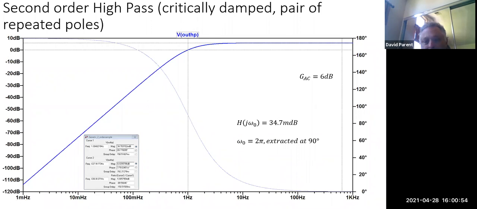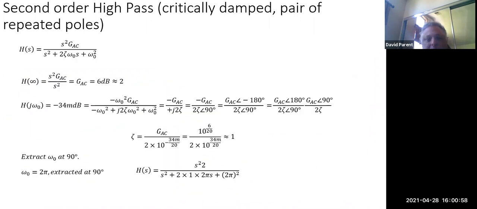And the high frequency gain is 6. So we pull this into our equations, and zeta is approximately 1. We have our omega naught, and we had a gain of 2.